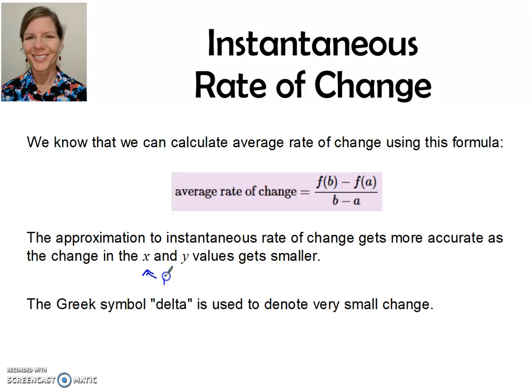Okay, and we often use the Greek symbol delta, either capital delta or lowercase delta, to denote very small change. So delta x would be a small change in x. I just want to put that in because we'll come back to that later. So small change in x, small interval.